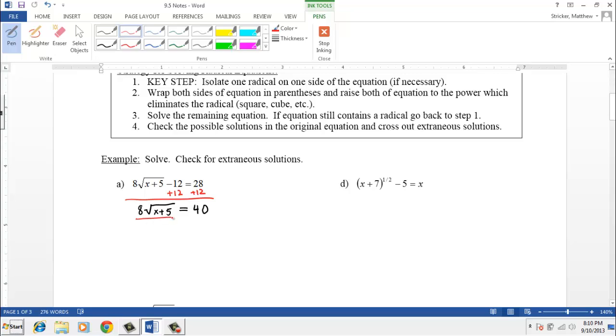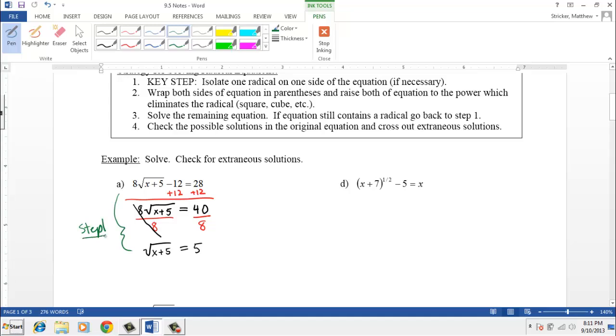We would need to divide both sides by 8. The 8's cancel over here, so we have the square root of x plus 5, and of course 40 divided by 8 is 5. And so now we have the radical isolated. Everything up to this step is step 1.